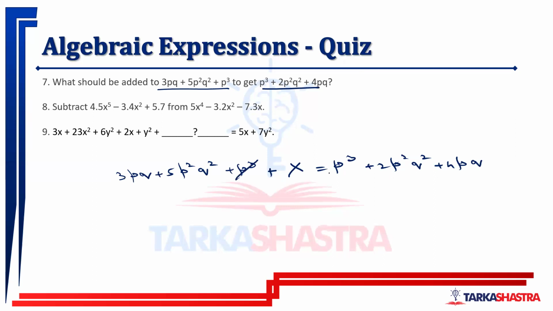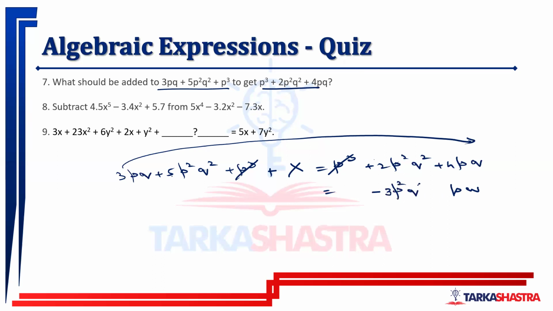Okay, so p cube gets cancelled. 3pq, if it goes here, we are left with only pq because 4pq minus 3pq is pq. And 5p square q square, if it goes here, becomes minus 5p square q square plus 2p square q square is minus 3p square q square. As simple as that. This is what needs to be added to this term so that we get this expression.